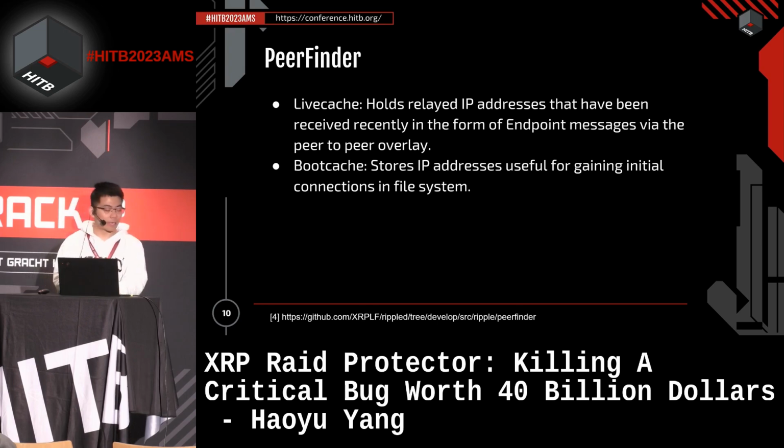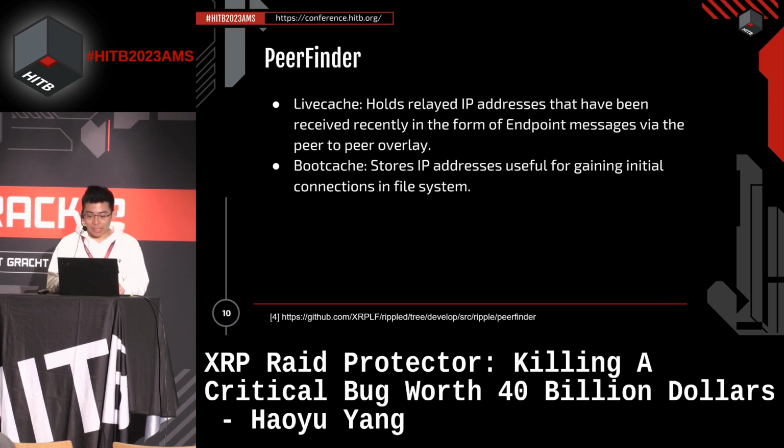But before talking about the bug, let me first introduce the peer finder component, which is where the bug lies. When a peer comes online, it needs a set of IP addresses to connect to. It first connects to a hard-coded peer as an initial bootstrapping node. It then receives endpoint messages from its connected peers and tries to connect to recommended peers until the connections reach a specific number.